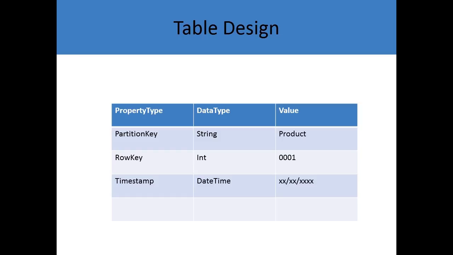From that point, you see that there are a few different data types that we can support, and we'll go over those quite shortly. And then from that point, we actually assign a value to each one of those. So product, for example, would be a partition key, and the row key 001 uniquely identifies a particular product, and then the timestamp just might be some sort of standard date format, such as month, day, year.